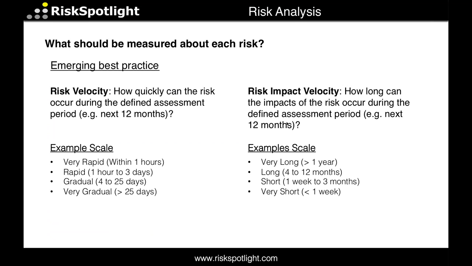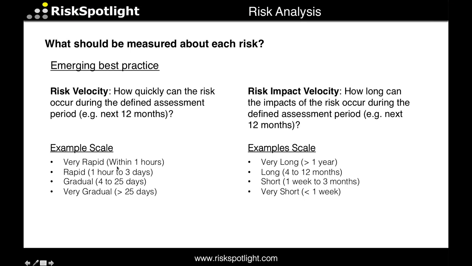And then some of the emerging best practice, especially in the cybercrime area, is because things can happen so quickly, I've also seen organizations starting to include risk velocity in their scale, so that basically captures how quickly the risk could happen. Cyber criminals can come into your IT system and within a few minutes steal millions of data.